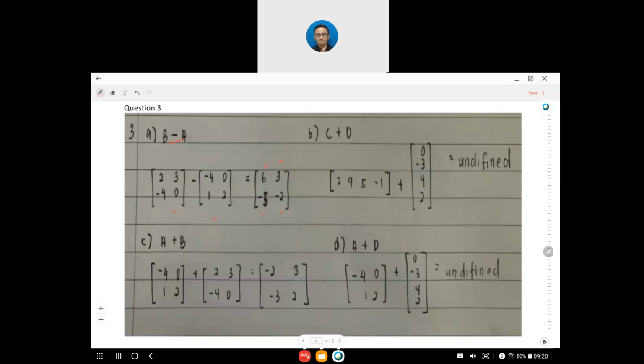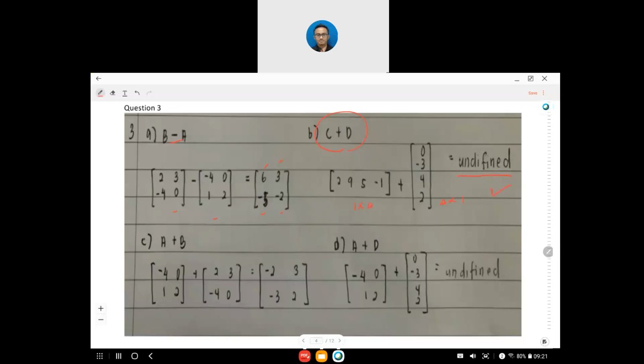And then for B, C plus D. If you look, your C is a 1 times 4 matrix, and D is 4 times 1. Since the size is not equal, your operation is undefined.